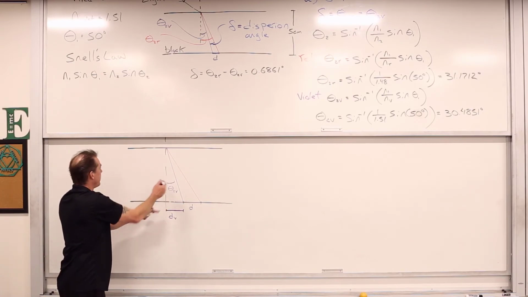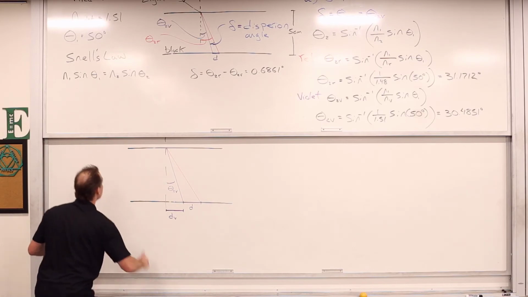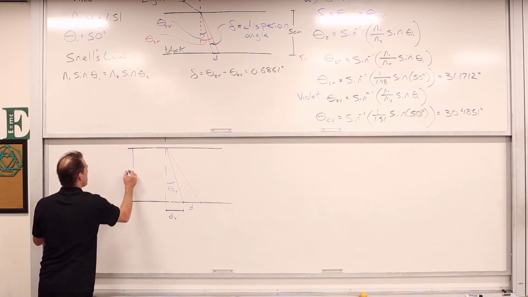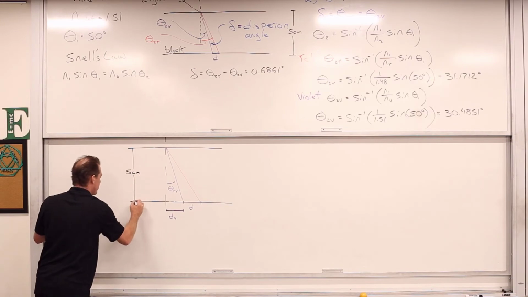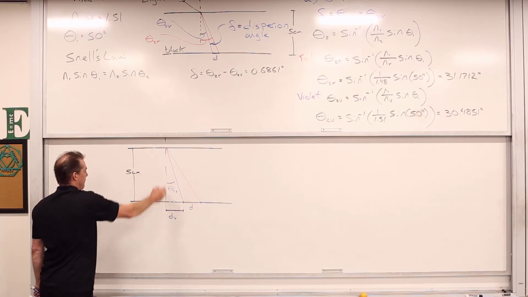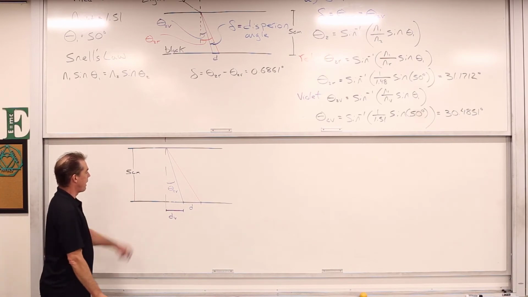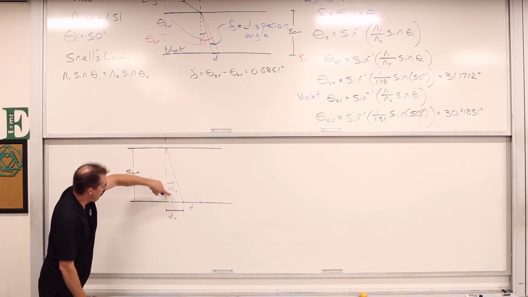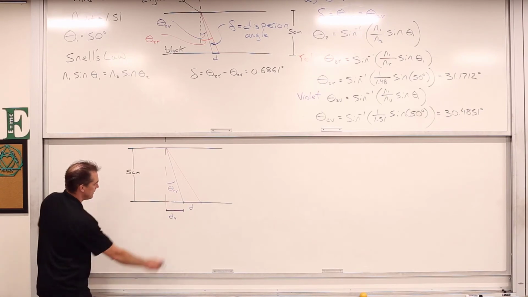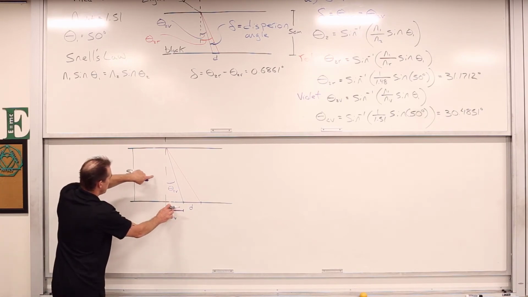Well, if we've got an angle here, we've got this distance, it's 5 centimeters. Yeah, we've got a base, got a leg. Yeah, we can figure that out. We've got the tangent of theta is opposite over adjacent.